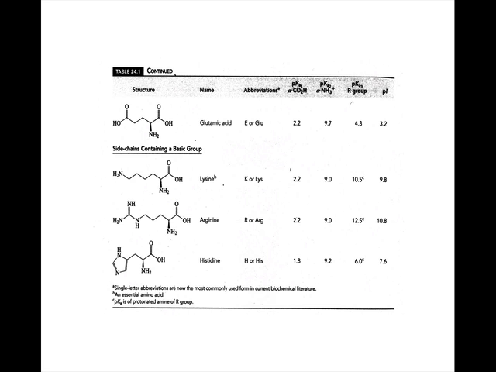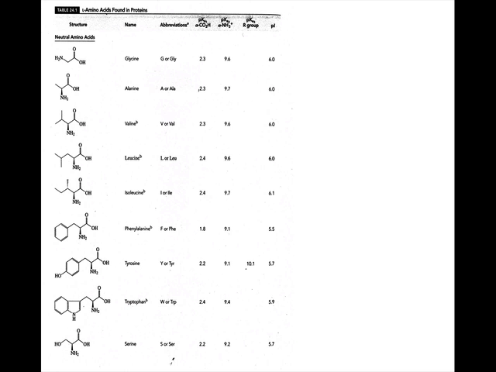So let's see what the... so for alanine, if we go back to our list, so there's alanine. What value does it have for the pI? 6. How did we come up with that value? Okay, so that's the experimental way.